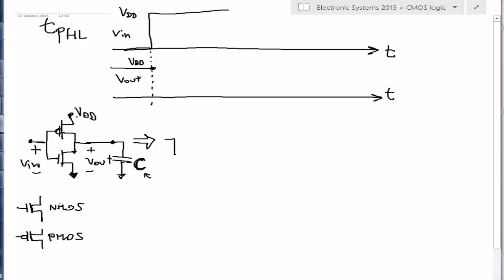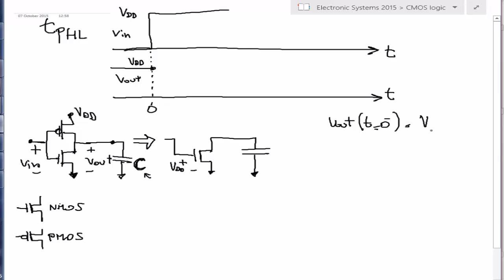Now, we can forget about the PMOS, because when Vin goes to VDD, the VGS of the PMOSFET is 0, and then the PMOSFET goes in the off state. And there we are left with this situation. We have an NMOS with VDD between the gate and the source, and a capacitor which at T equals 0 minus has Vout equal to VDD, because at the beginning the output voltage is VDD.